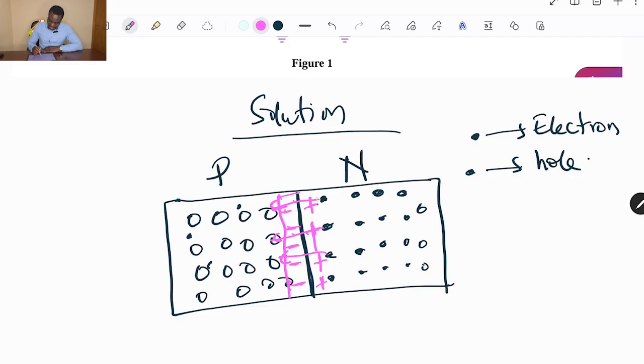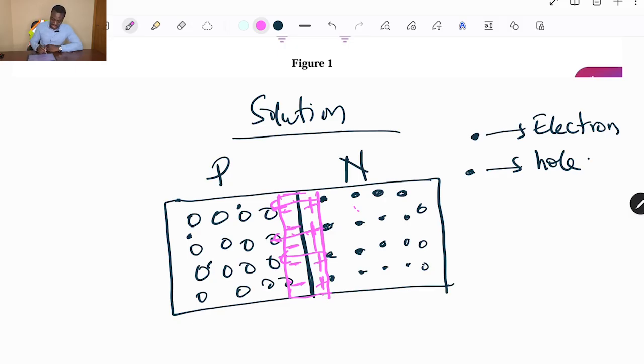The electrostatic field will now block electrons from moving into the P region because of the force existing between the ions along the PN junction. So the electrons can no longer move into the P region.